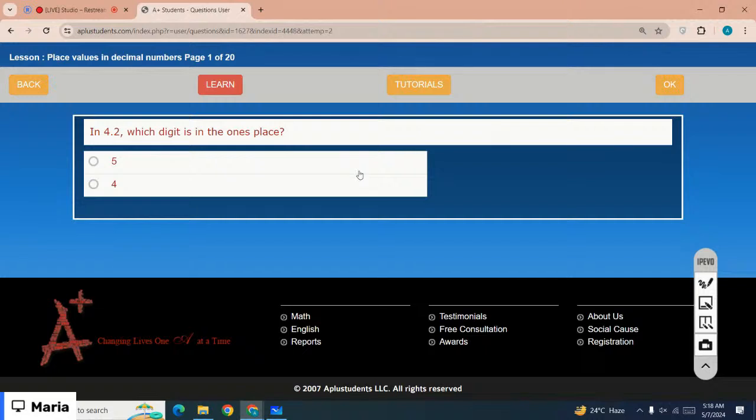Which digit is at the ones place? No one is answering the questions I am asking. 4 is the digit that is at the ones position.